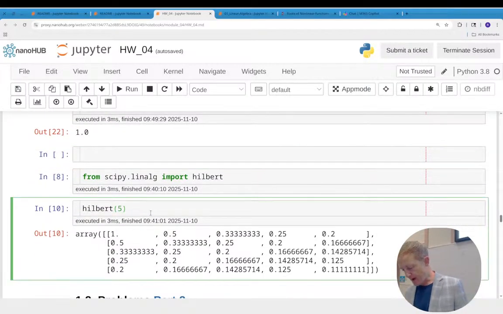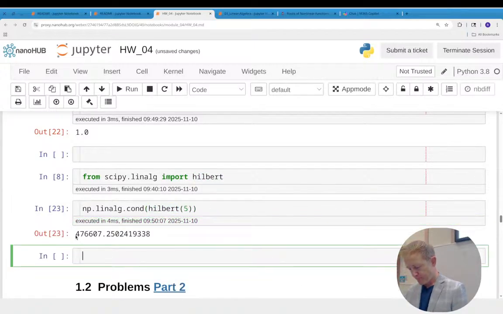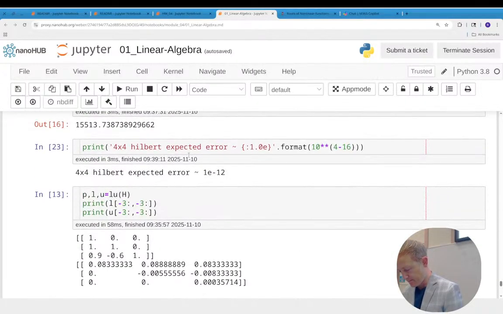Okay, so let's find what this error is. Here, 4.8 times 10 to the 1, 2, 3, 4, 5. And I think I just had a nice format for it, right?